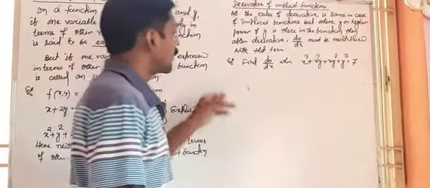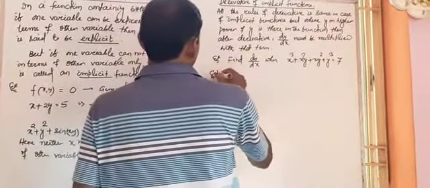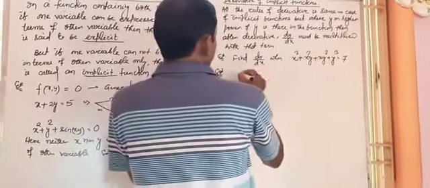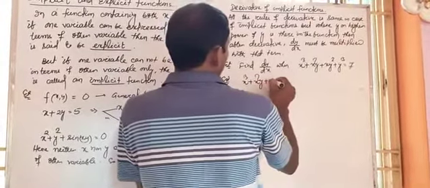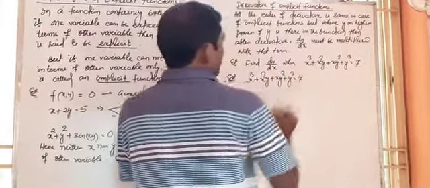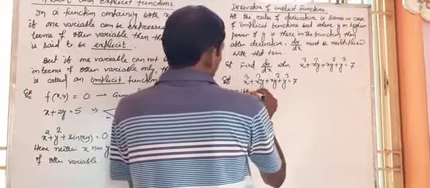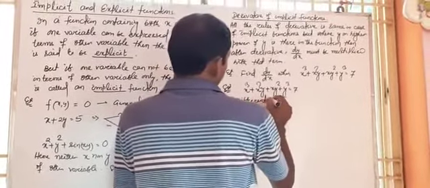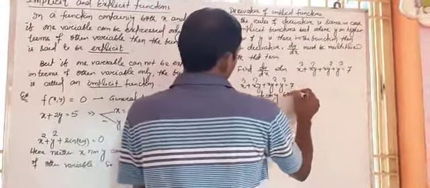So the implicit function derivative will come like this. The solution will be like this. x cube plus x square y plus xy square plus y cube equal to 7. Now you write differentiating both sides.